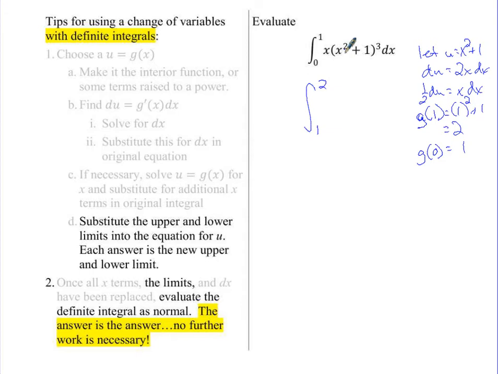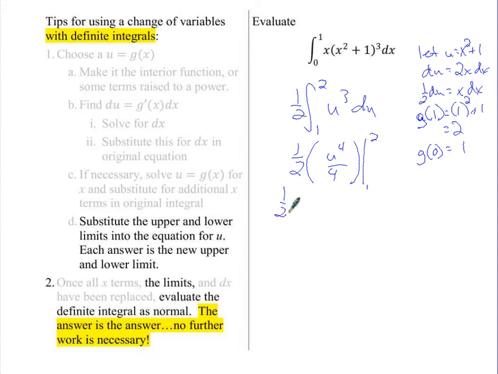So my new integral is going to be from 1 to 2 of u to the third times 1/2 du. There's your integral. So now we can integrate that thing. We have 1/2 times u to the 4th over 4 from 1 to 2.